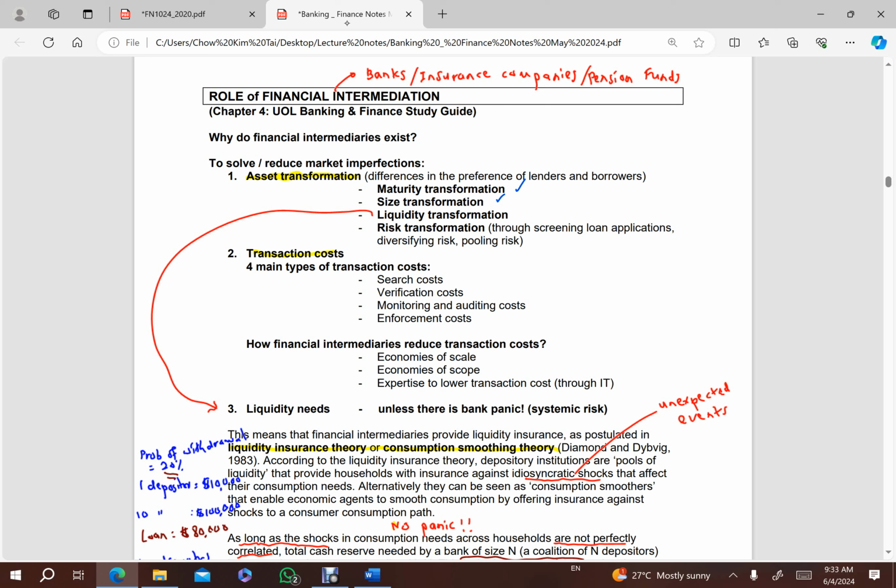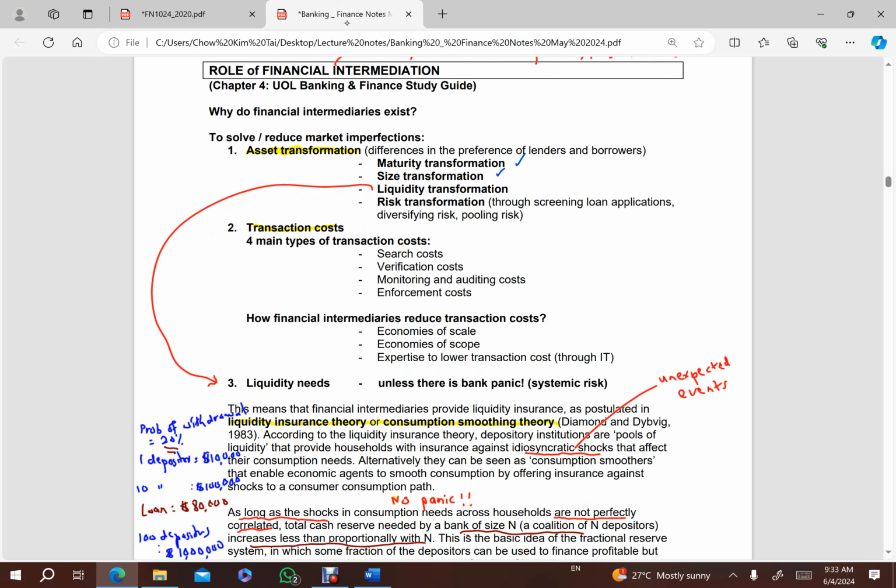So your deposit in the bank is as good as the cash in your hand. You can take it out anytime. Provided the consumption smoothing theory applies. If there's a bank run, then this liquidity transformation will not happen. So this can work in normal conditions.